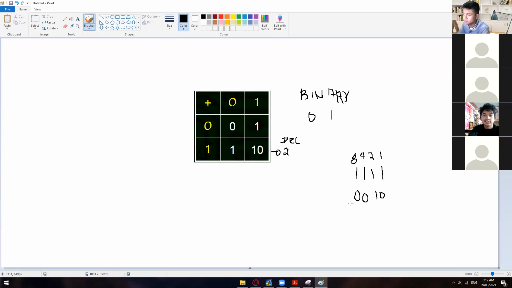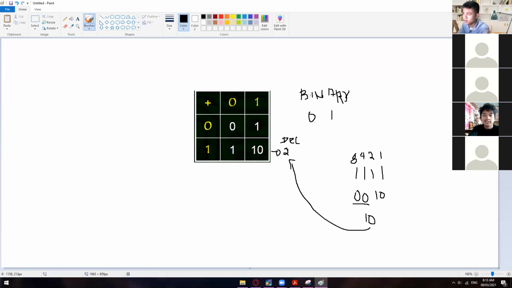Correct? As you can see, you can actually remove the leading zeros. It won't affect the result of your binary combination. You can simply write 10. That is why 1 plus 1 is equal to 10, but not 2.